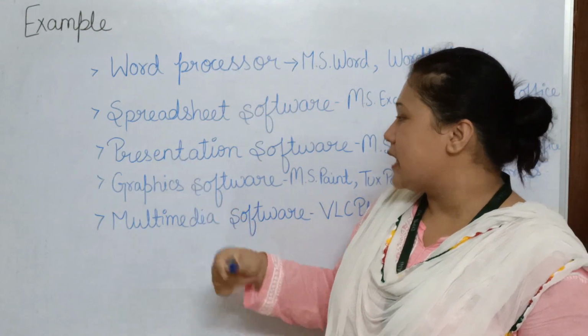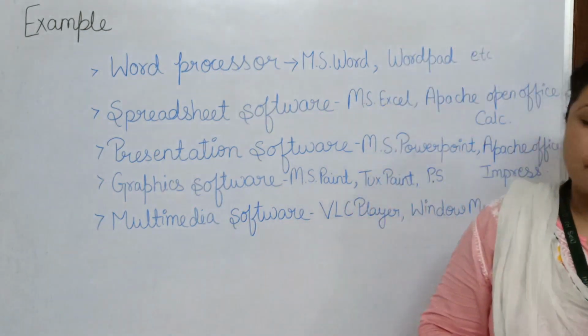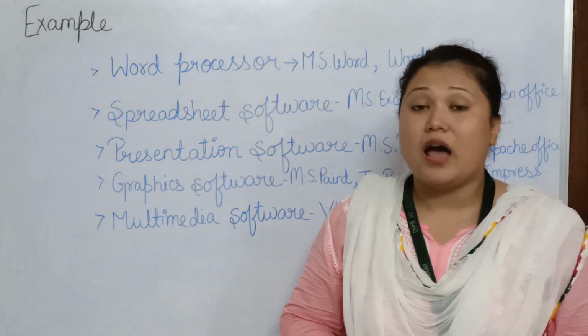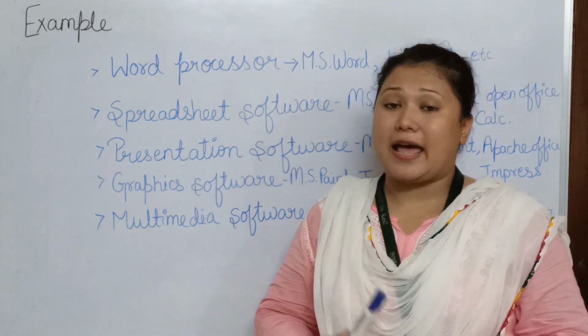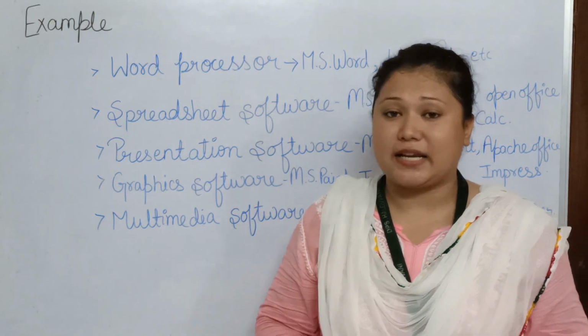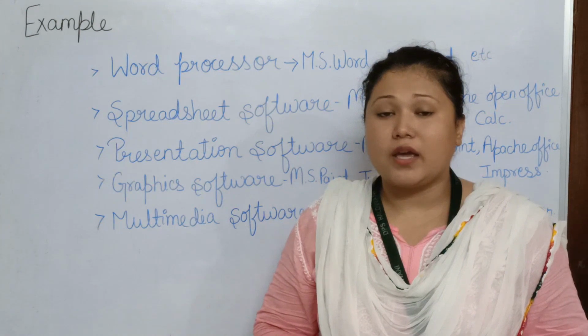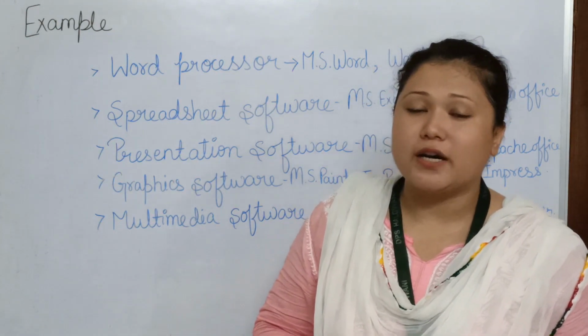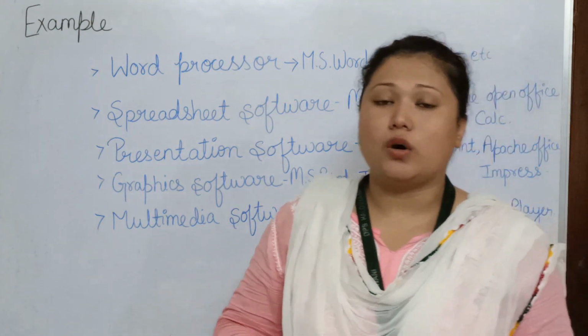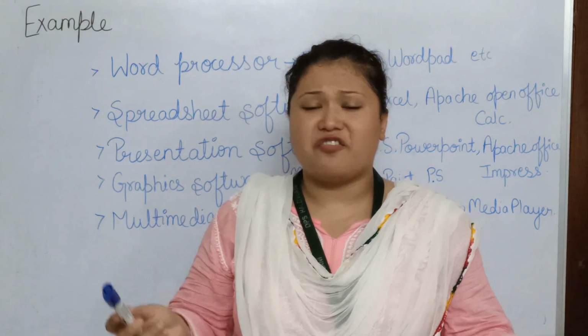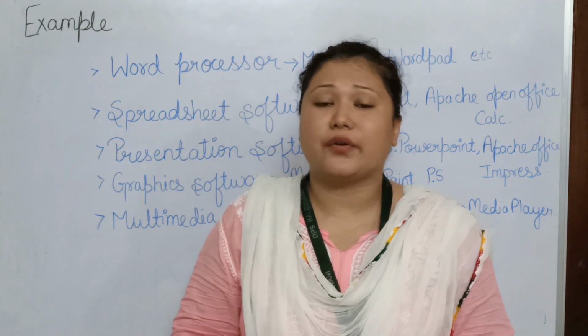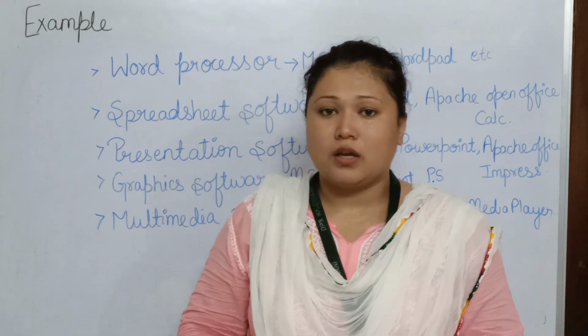Next is presentation software. Presentation software are those software which help us to create a presentation file. Like if you want to deliver a message to the public or thousands of people at once, you can create a presentation.